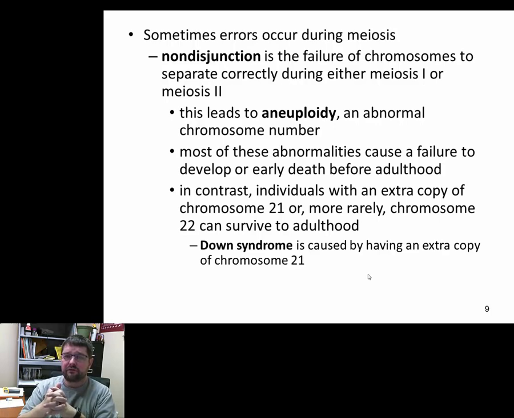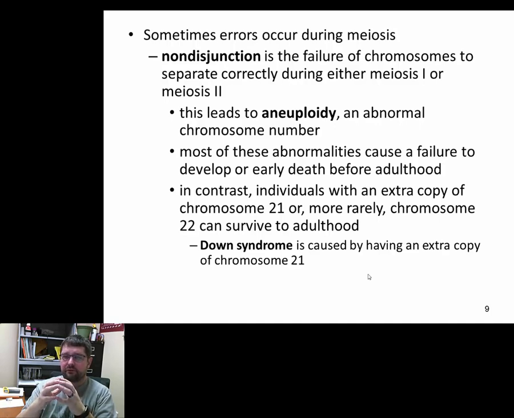Now, this nondisjunction occurs in the case of females. What's occurring is that females, as they age, and we're going to look at this in a second, their chromosome number 21 becomes more sticky.